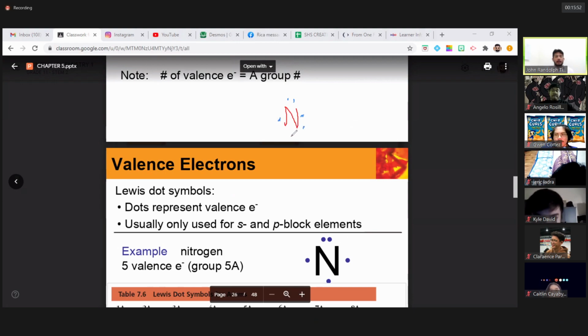Hindi pwedeng ganyan na may bakanteng isa dito. Dapat ikutin mo muna. Okay? Bago ka magdoble. Di ba? The same way as writing with our arrow natin para to identify the spin for quantum numbers, dapat isa-isahin muna natin bawat blank bago tayo mag-pair.